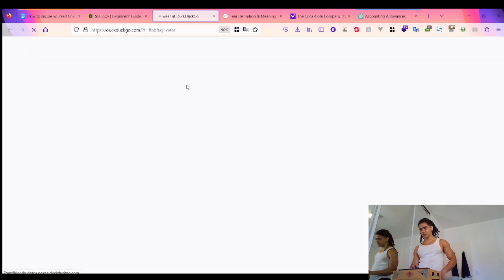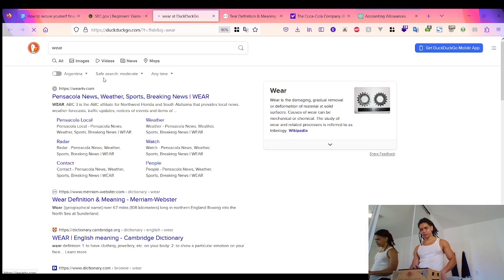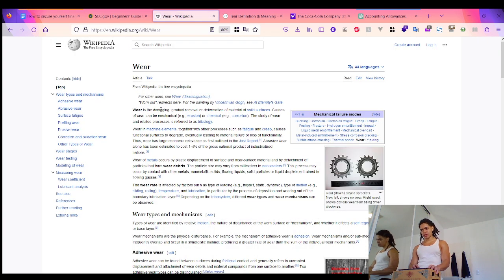And what they mean here is a damaging, gradual removal or deformation. Wear. The study of wear and related processes is referred to as tribology. What the hell? Wear.